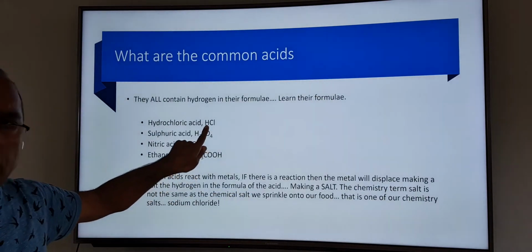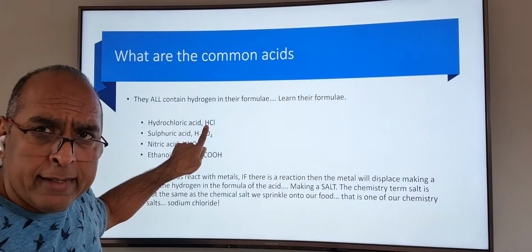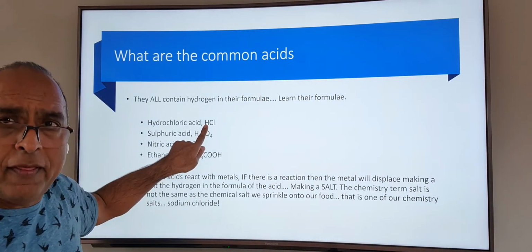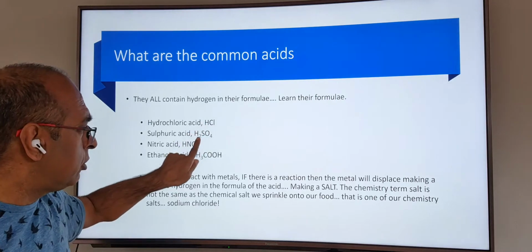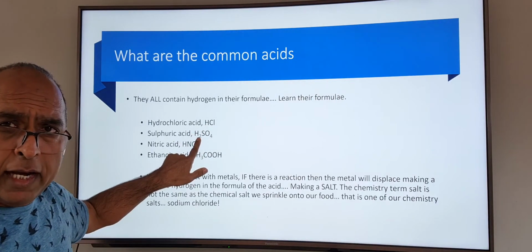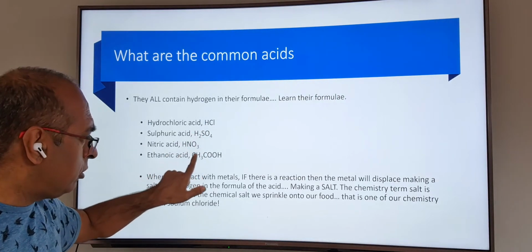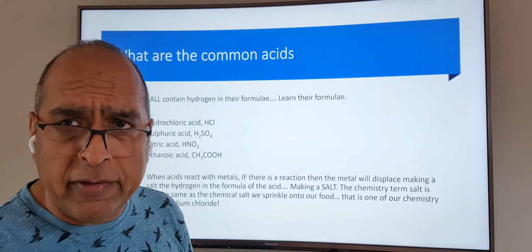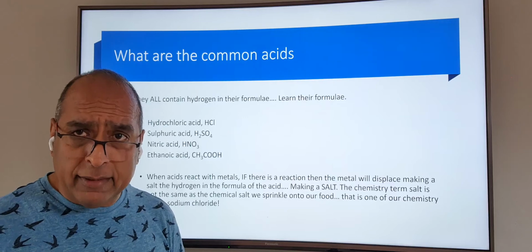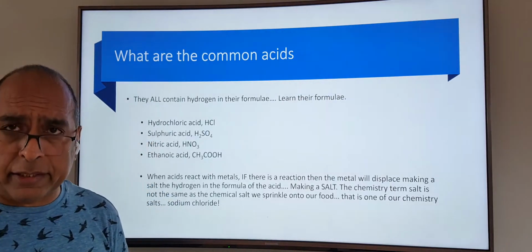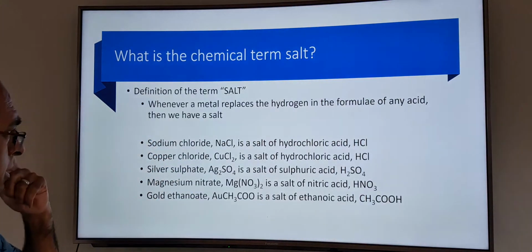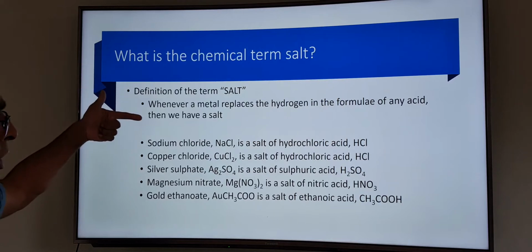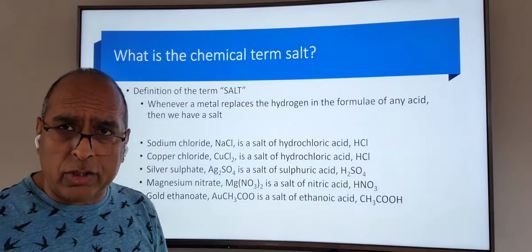So if a metal goes in there instead of hydrogen, then that will be a salt. So metal going wherever the hydrogens are in the formula of an acid gives you what a salt actually is.